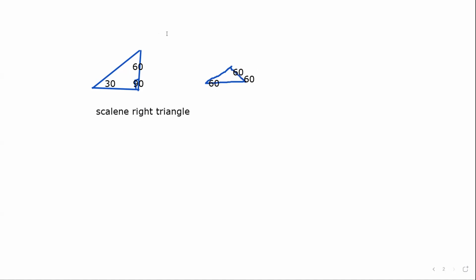So this side is the same length as this side, which is the same length as this side, which is an equilateral triangle. That's not scalene, but it is acute, right? So this is an acute triangle that is not scalene. So you can have that.